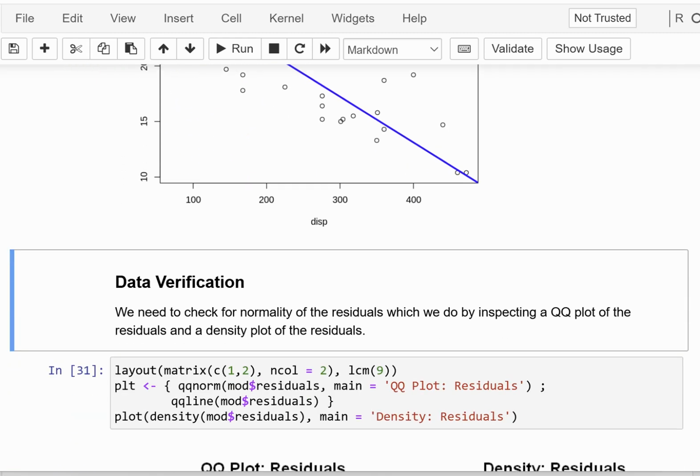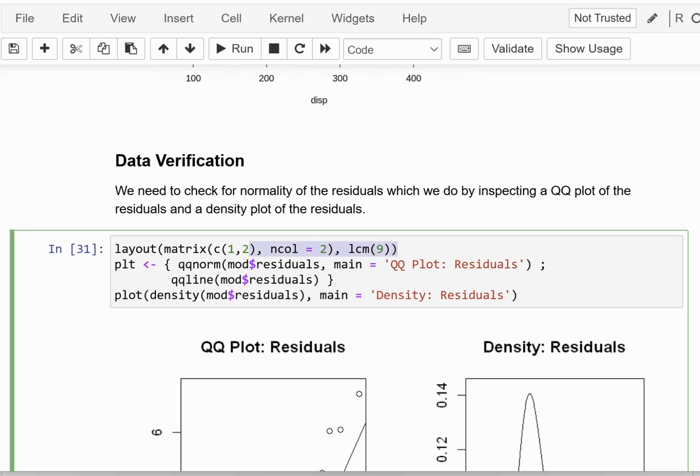Okay, so the data verification, remember, we're going to inspect a QQ plot and a density plot of the residuals. Let's talk about how that goes. Again, we're using layout matrix, c(1, 2), ncol equals 2. 8 or 9 is usually the right LCM.